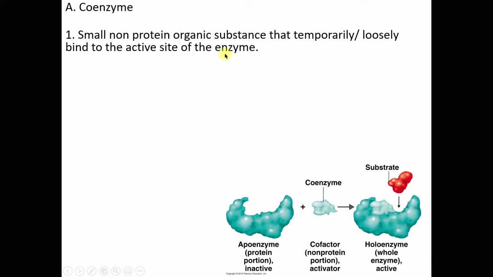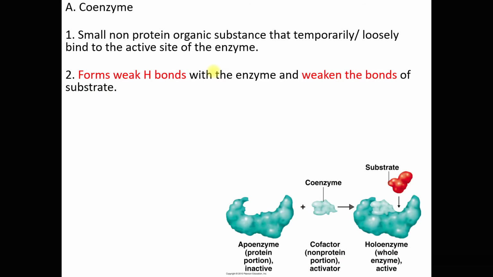Class, you need to know the characteristics of coenzymes. A coenzyme binds loosely to the active site of the enzyme, or to be more specific, the apoenzyme. This coenzyme forms weak hydrogen bonds with the enzyme and weakens the bonds of the substrate.